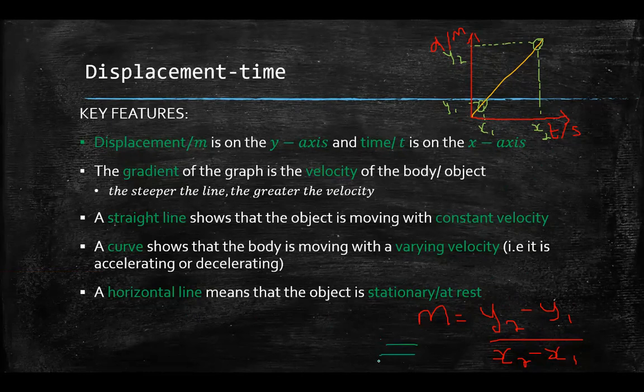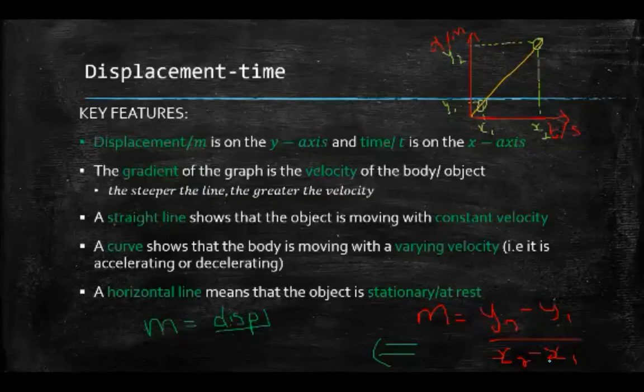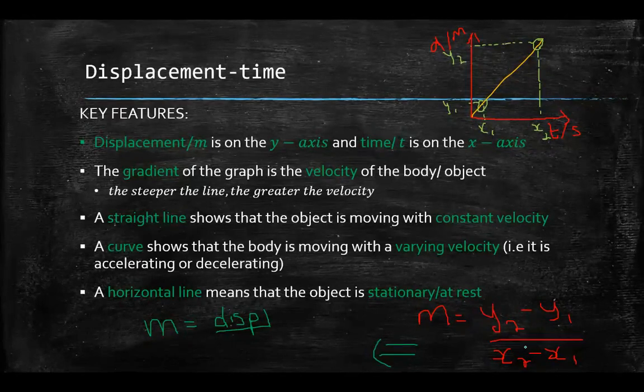So let me just, in m, I can replace this with displacement. My x values, I know that this quantity on the x-axis is time. So I can replace this x2 minus x1 with time.